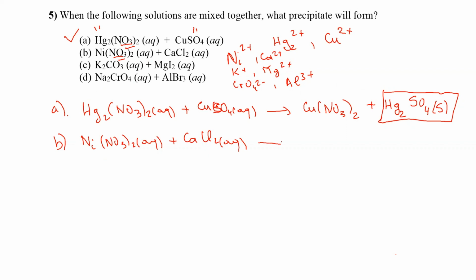So here we don't have any of those 3 ions, so we know that it's going to be soluble. So we'll have nickel go with chloride, and it will be soluble, aqueous, plus calcium nitrate. So in this one, no precipitate. Everything is aqueous.